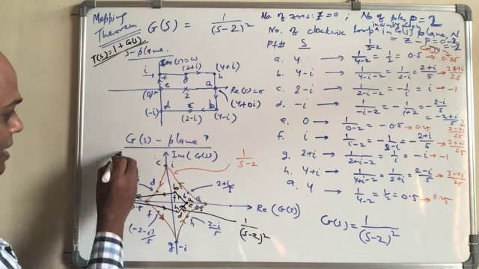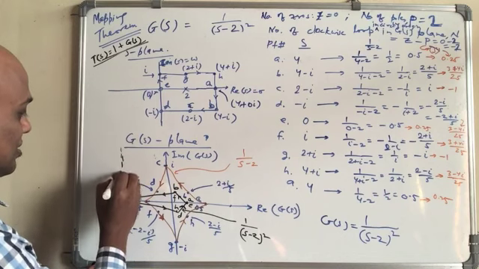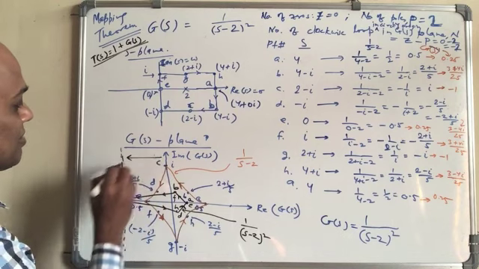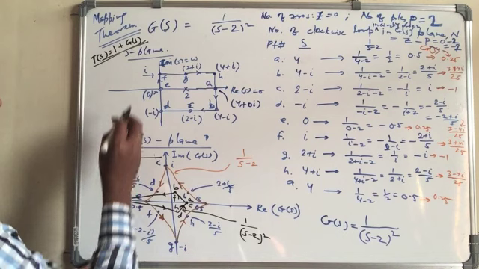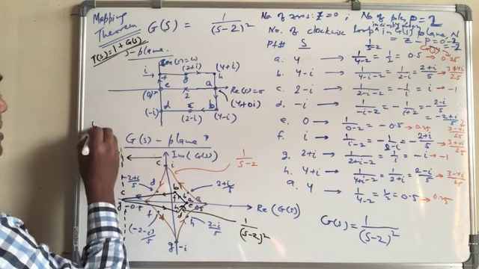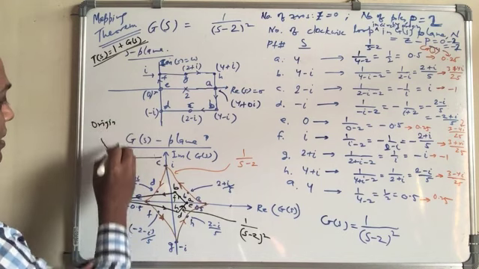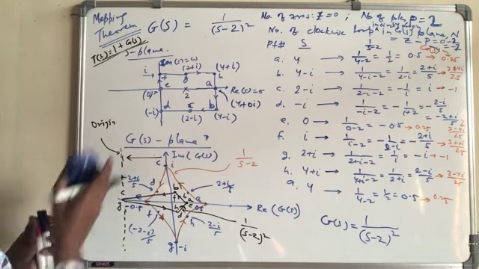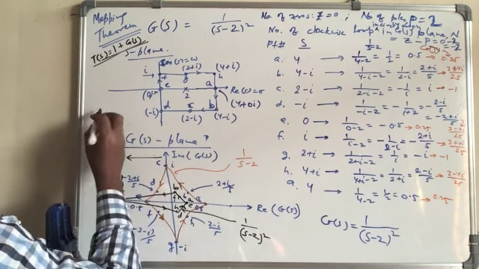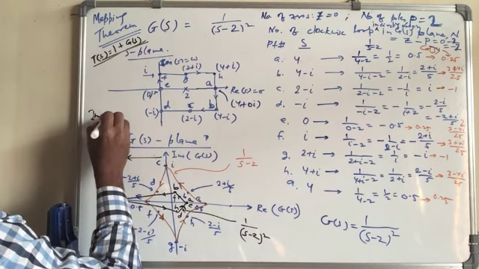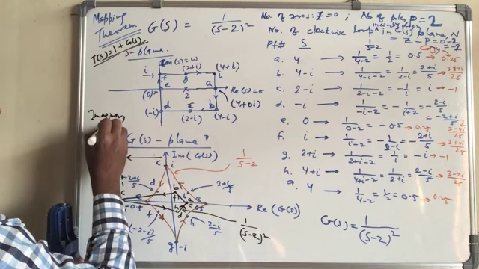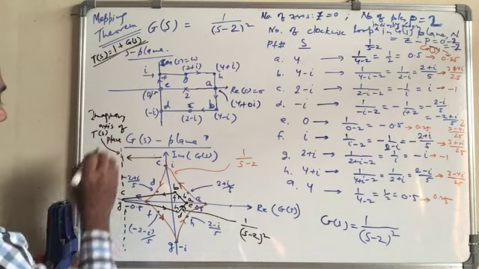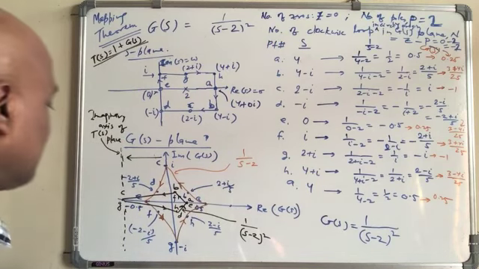We are adding 1, so we have to shift the axis. This serves as the origin, and this serves as the imaginary axis of the T(s) plane, right?